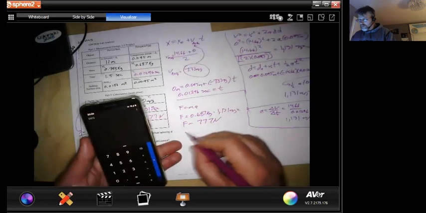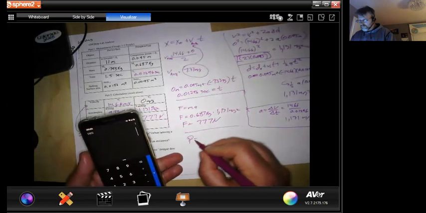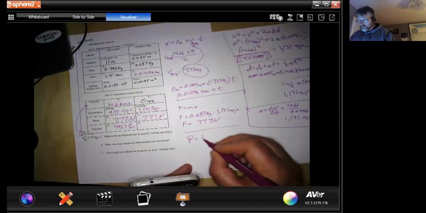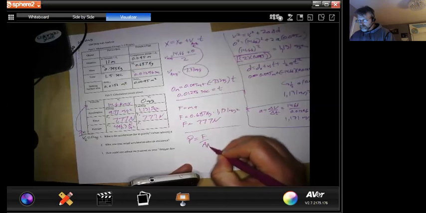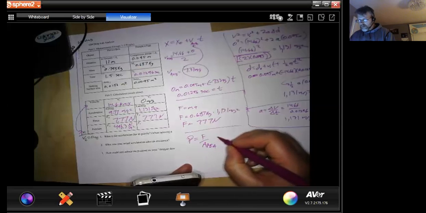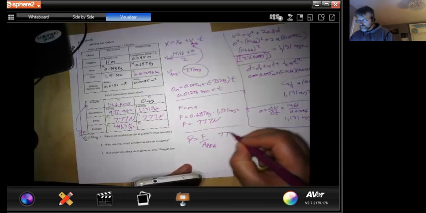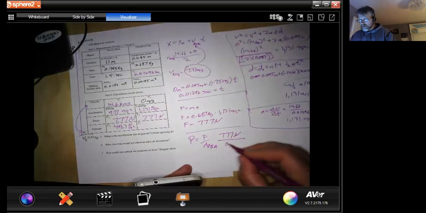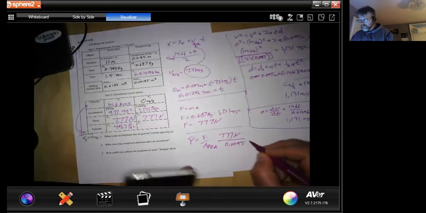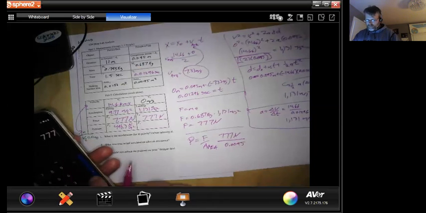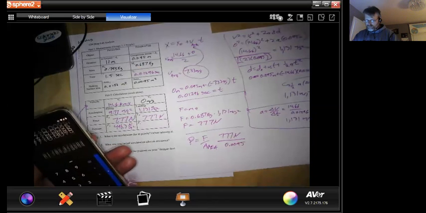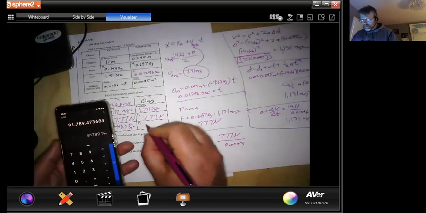And then our pressure equals our force divided by our area, and our area for the cylindrical bottom of the pumpkin. All right.